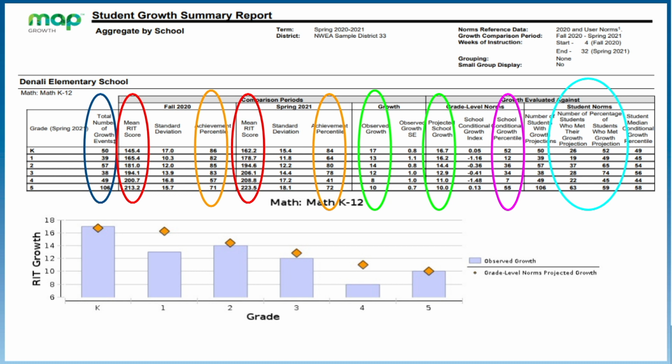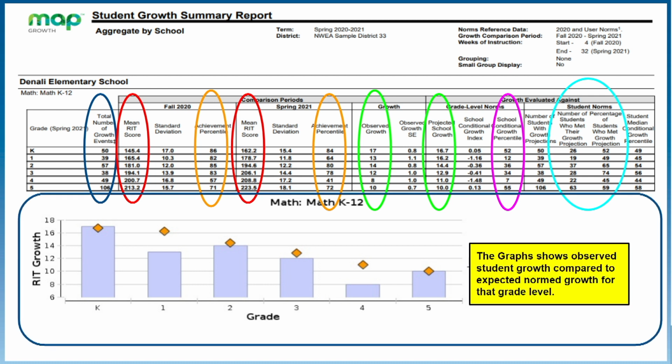And then finally, we can see the number of students who met their projected growth target and the corresponding percentage. Down at the bottom, we can see the actual student growth averages by grade level compared to what their projected growth was for that grade level.